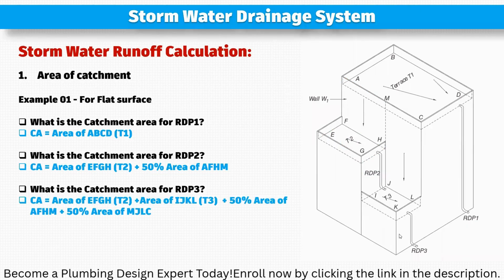Now, what will be the catchment area for RDP3? RDP3 is carrying the load of T3 and T2 also, because the water falling on terrace 2 will go to terrace 3, then it will go to RDP3.